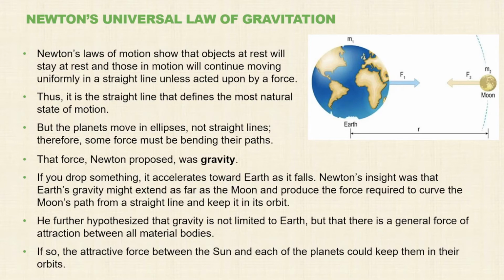The moon here is moving in a straight line, but there's a force between Earth and moon, the gravitational force between two objects. And that force is directed radially towards each other.